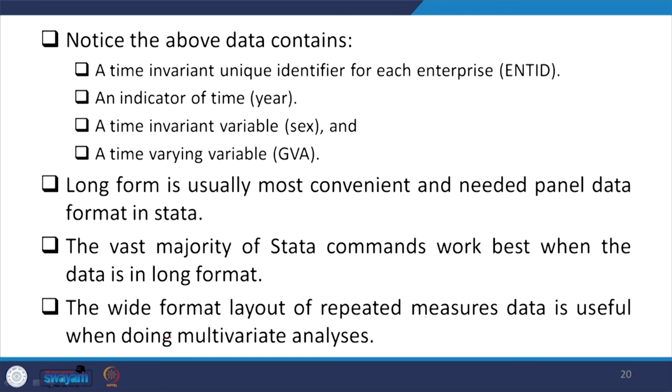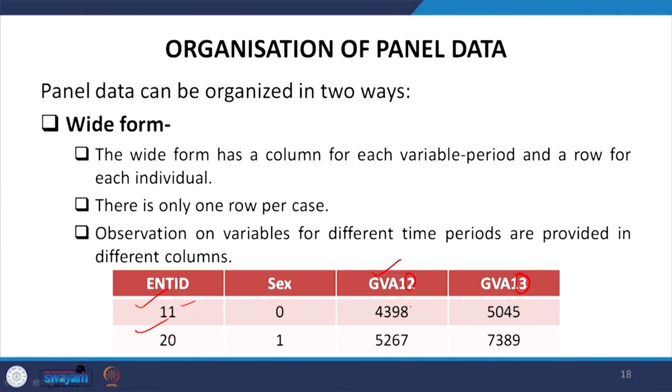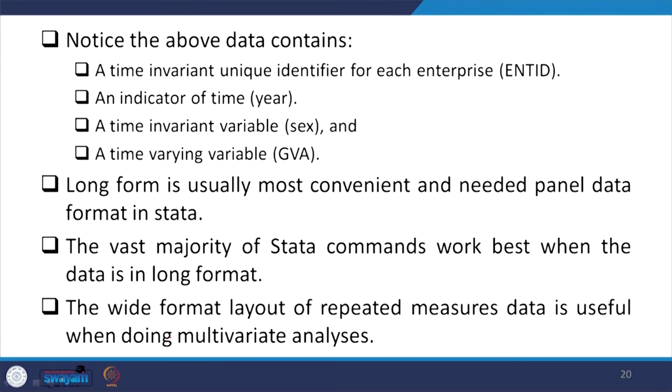Then an indicator of time, the T, the time period has to be mentioned. Then the time invariant variable, that is sex in our case, which is fixed over time. Then a time varying variable, that is GVA, which varies over time.